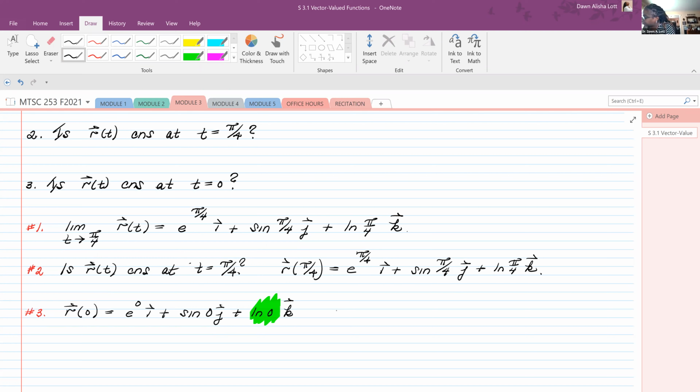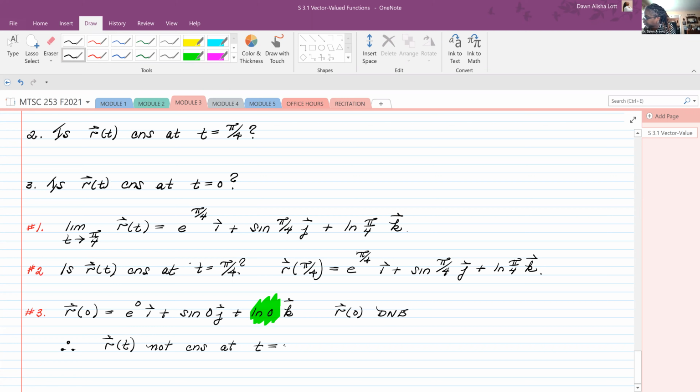So r of 0 does not even exist. So therefore, it can't be continuous. Not continuous at t equals 0.